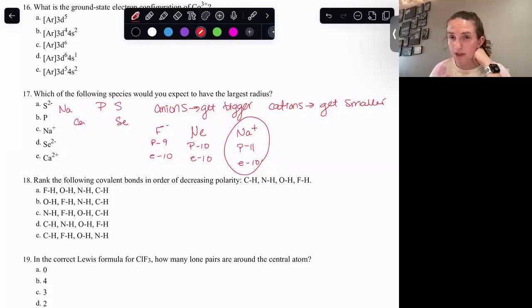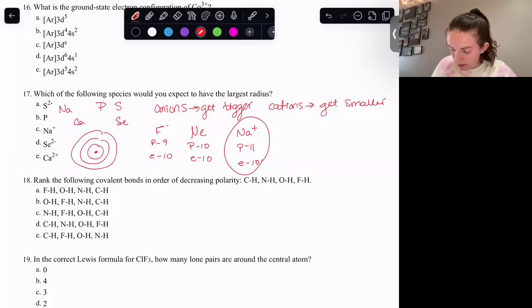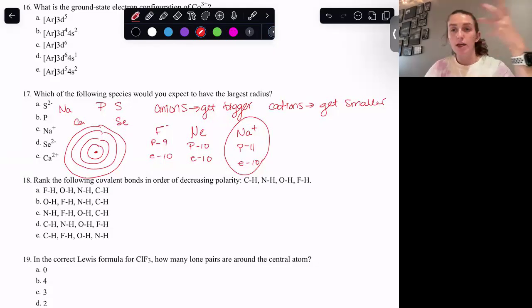When we go from sodium to calcium, or we go a period down, we have our nucleus and various energy levels, and they all gain a circle around it. So as you go from sodium to calcium, you're gaining a whole other ring around that atom, increasing its size. So we already know that calcium would have a larger radius than sodium because it has a whole extra energy level.